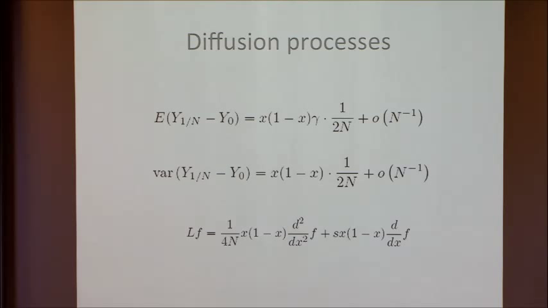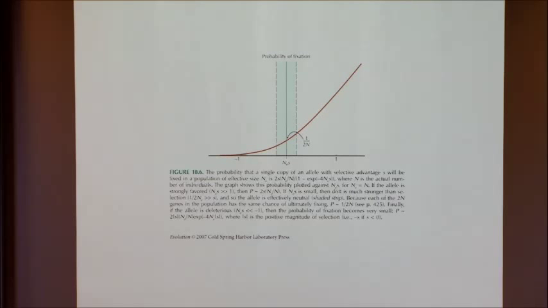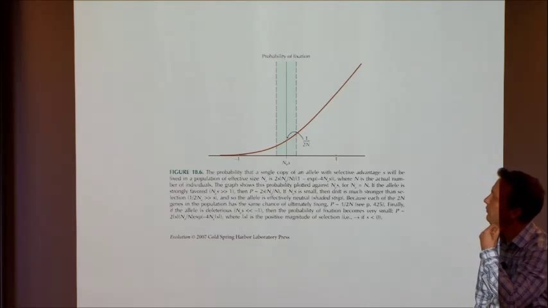If we introduce a new allele with a certain selection coefficient acting on it, we can calculate the expected time spent at a certain frequency, the expected time until fixation, the expected time until loss, and so on. And probably most useful in many cases, the probability that it will go to fixation. We can calculate that under simple models like that, and get very simple approximate expressions for that.